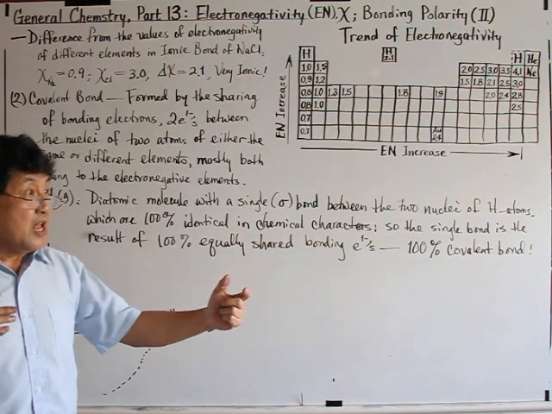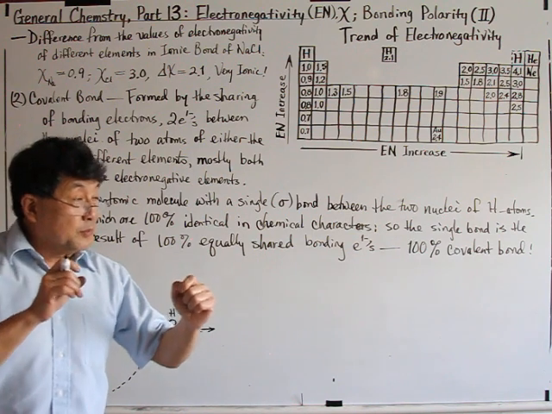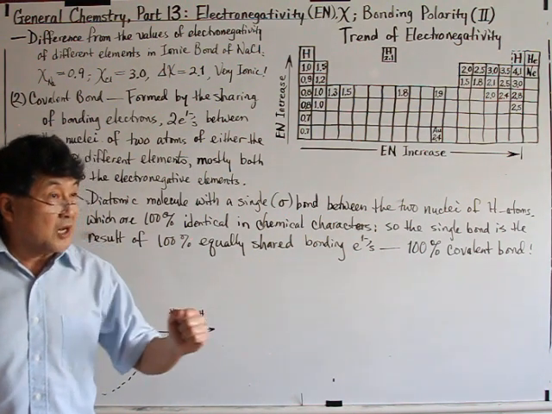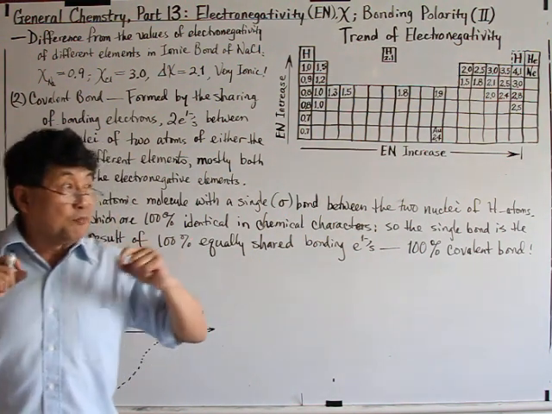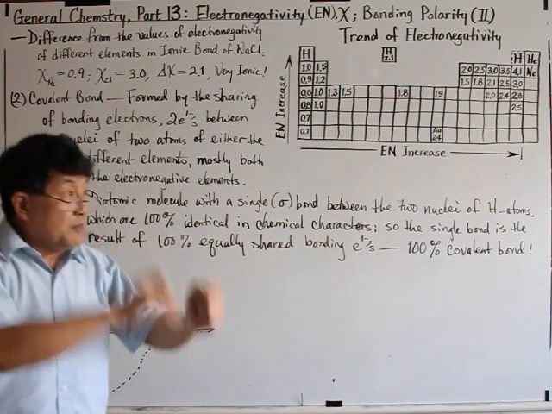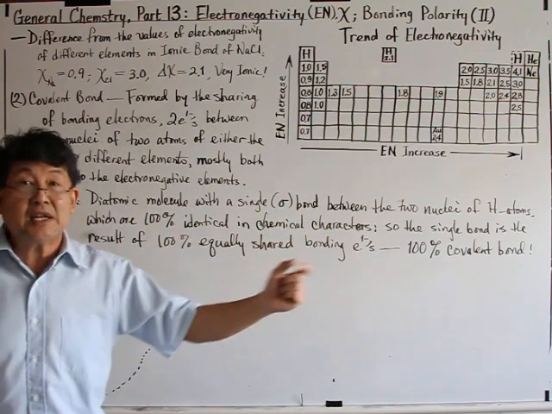The nuclei are supposed to push each other away because the protons are all positively charged, but now the electron gets in the middle, and the electron says, don't go away, let's get together.